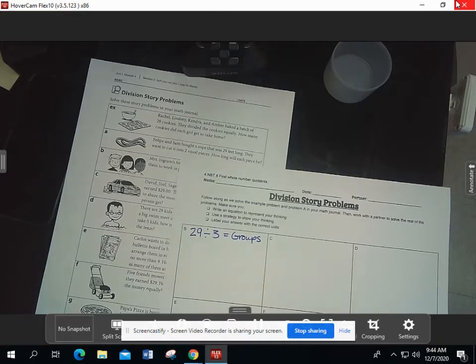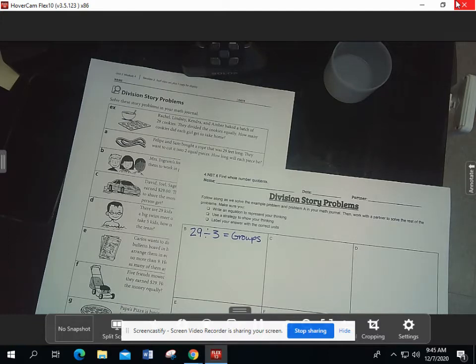There are several ways you can figure this out. I know that some of you figured it out by putting them into groups of 3. So we think about how many we need to have 3 in a group. So be careful. It's not that we're looking for 3 groups. We're putting them into groups of 3.